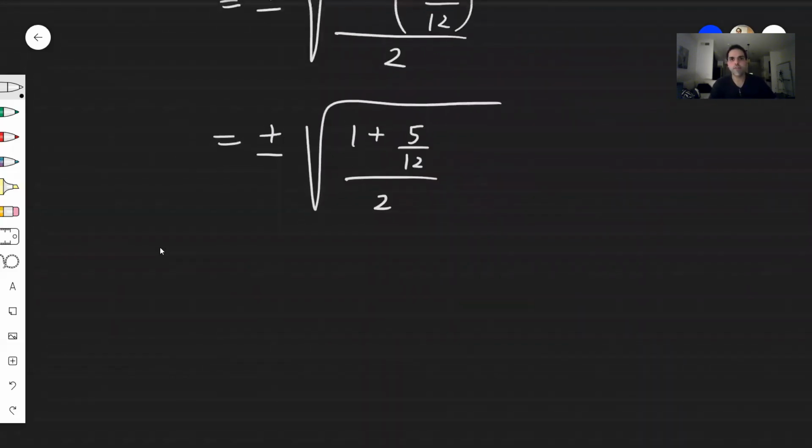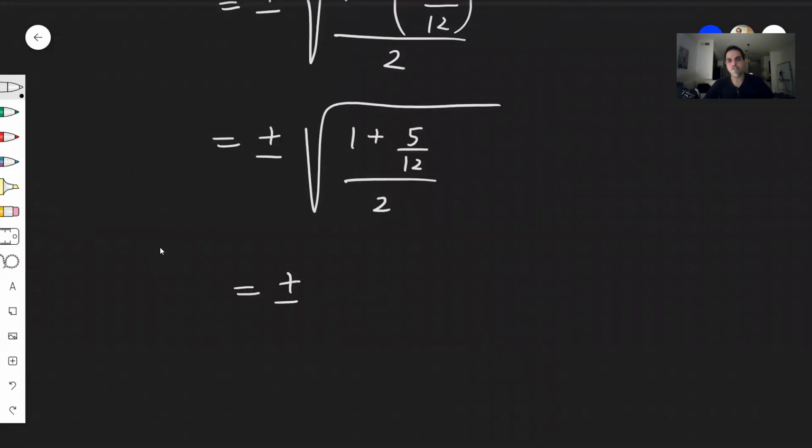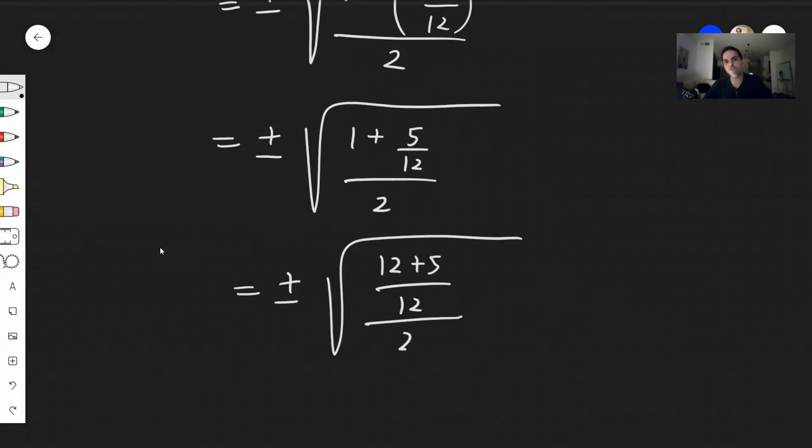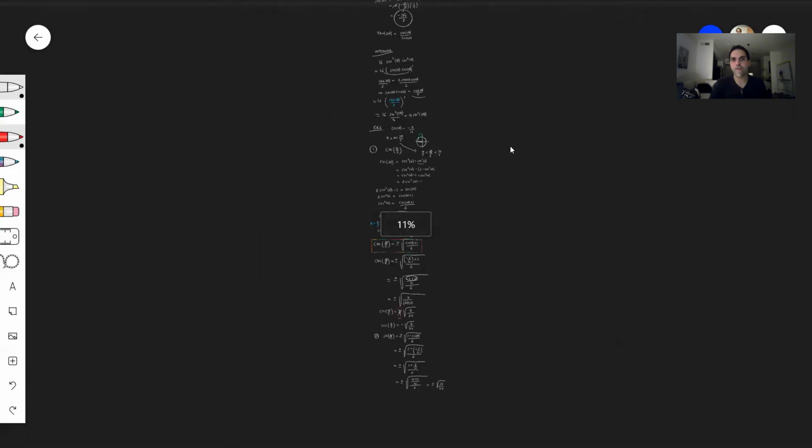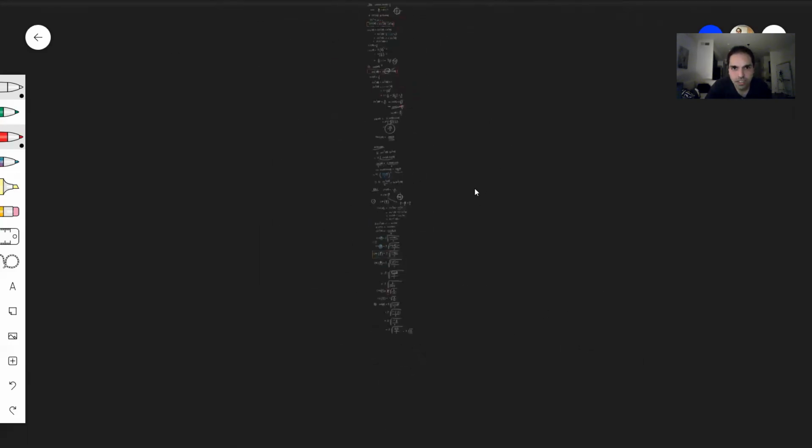Which then just simplifies to plus or minus square root of 12 plus 5 over 12 over 2. And I think now you just get plus or minus square root of 17 over 24. Kind of weird numbers, but again, the question is is this plus or is this minus? Well, just go back to your trig circle. I believe it's over here.